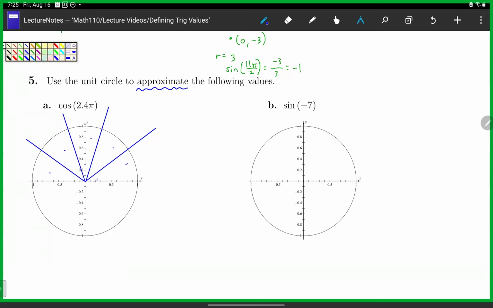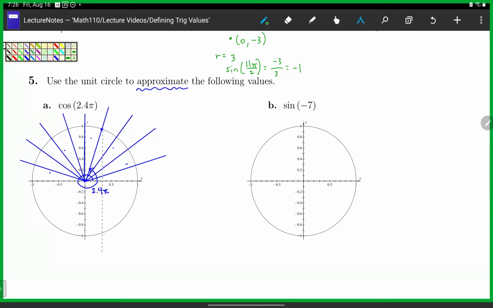And if I divide each of those pieces in half, then that's basically tenths. Going around, here's 2π, 2.1, 2.2, 2.3, 2.4π. That's 2.4π, roughly.